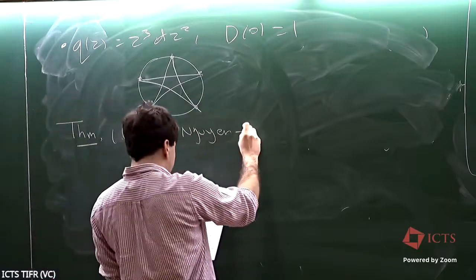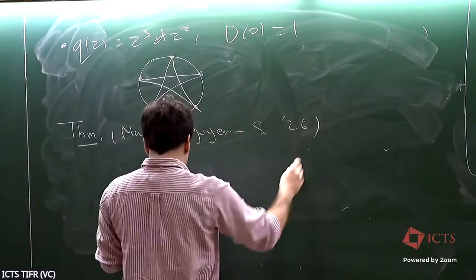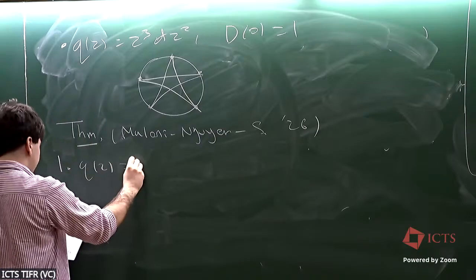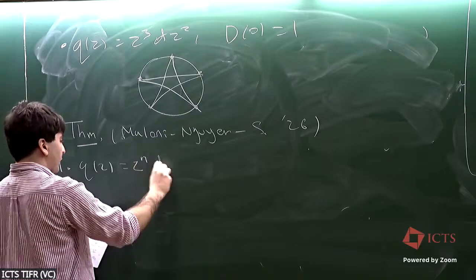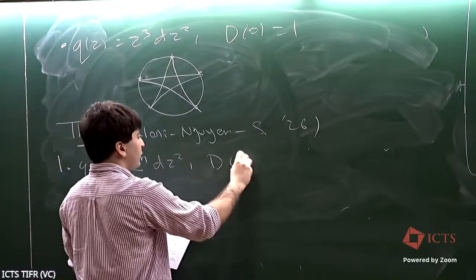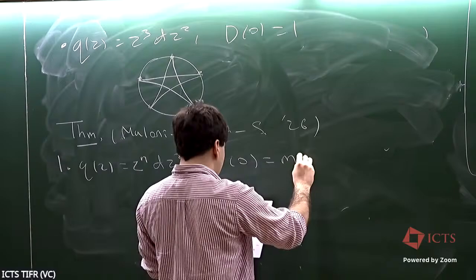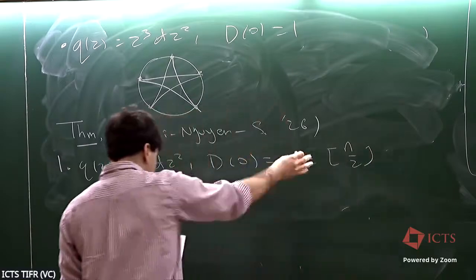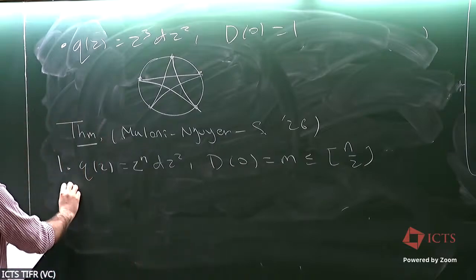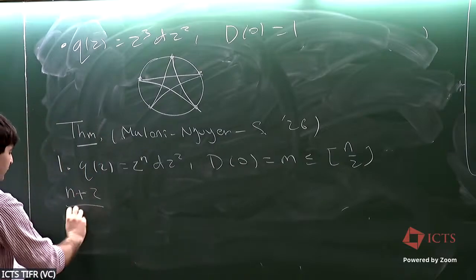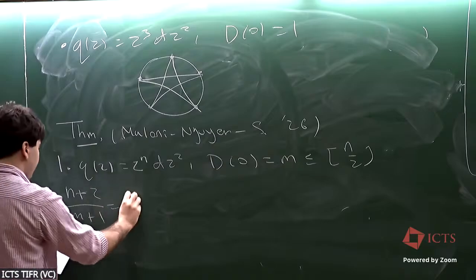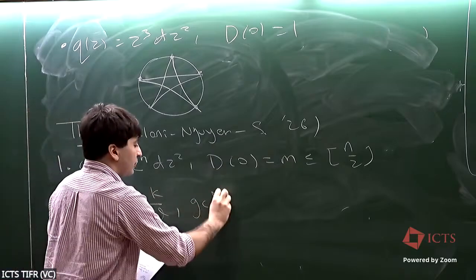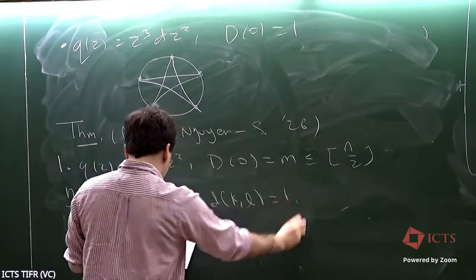And so here's what we have. First case is the rotationally symmetric case, z to the n dz squared. And I'm going to assume d of 0, which I'll call m, is at most n over 2, because I can get to the other case by complex conjugating. I write n over 2 over m plus 1 is r dot k over r dot l, where the GCD here is 1, so they're coprime.